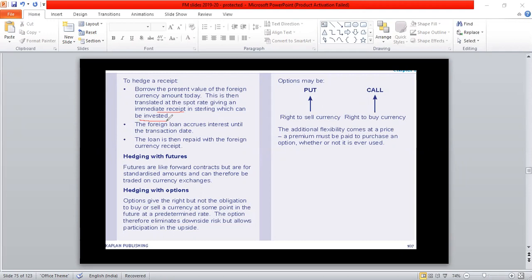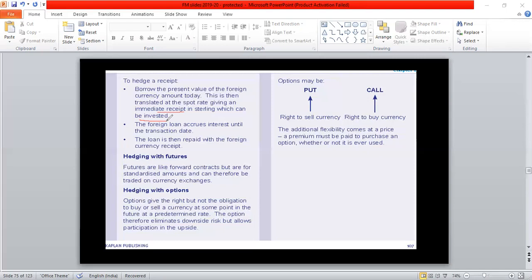So one type of derivative is forward, another type of derivative is future, a third type of derivative is called option. Here, the owner of the option, whoever owns the option, has the right to fulfill the obligation or not fulfill the obligation.